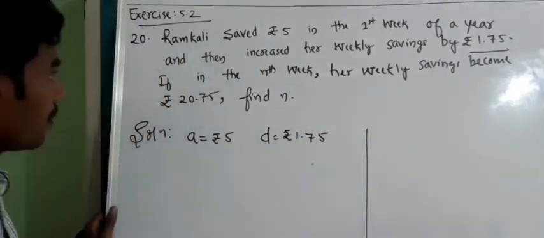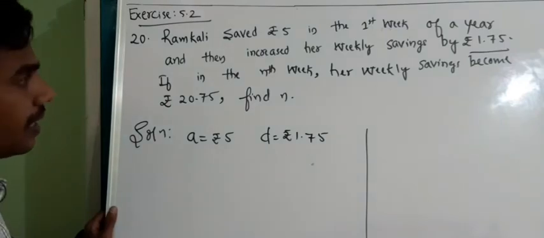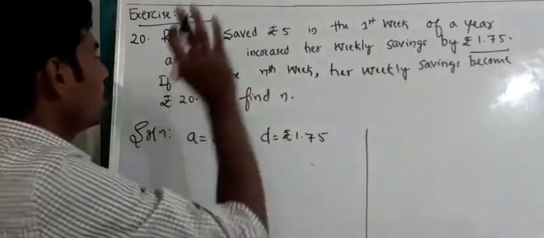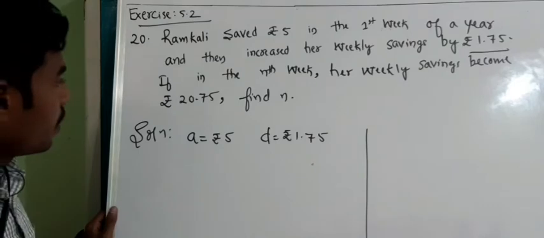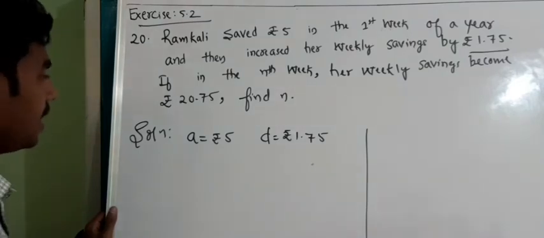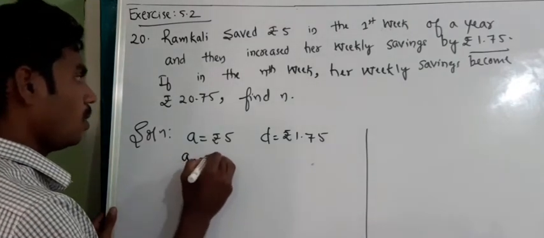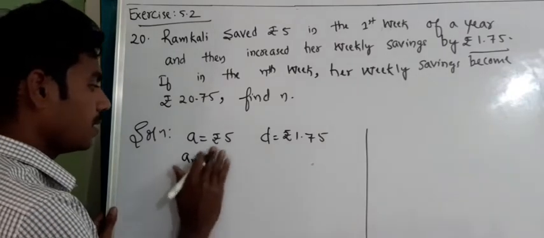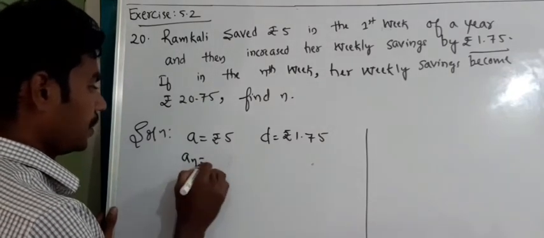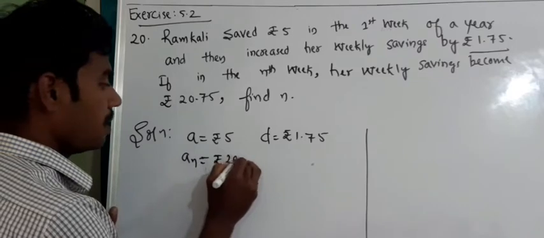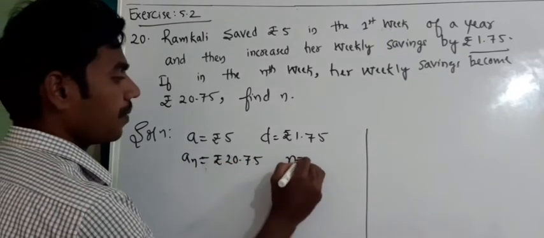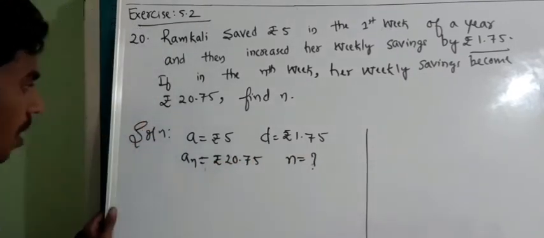Now if in the nth week her weekly savings become rupees 20.75, find n. So AN is equal to 20.75. What is the formula for AN?